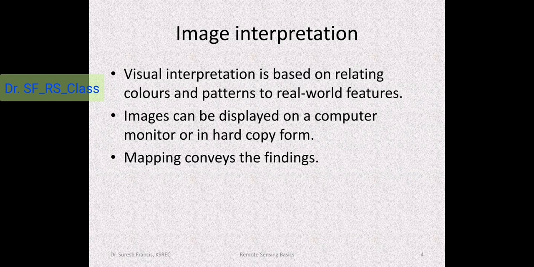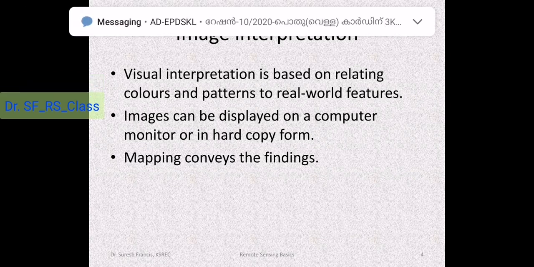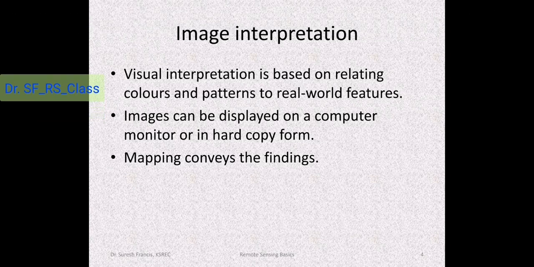When a geologist is looking at the image, he will take up all the geologically related information, like structures of rocks and different types of lithology, mountains, tectonic mountains, fractures, lineaments.